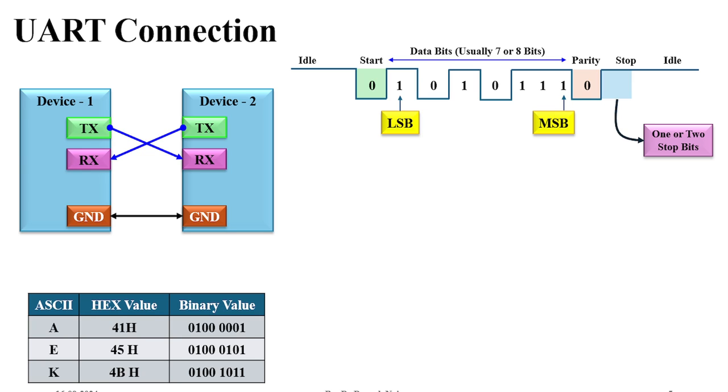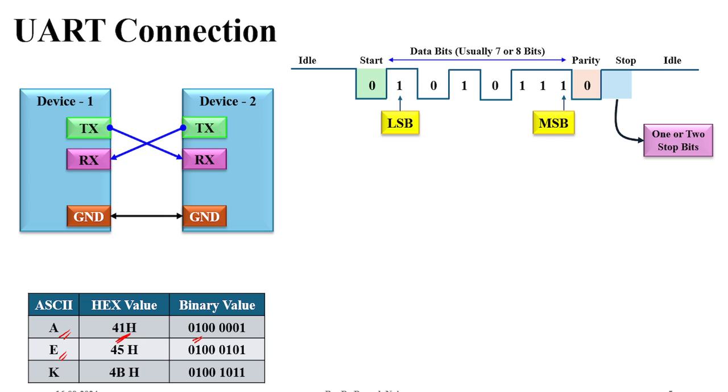Now coming to the ASCII values. In UART, whenever we transfer any message, generally we transfer those messages in ASCII characters. For example, if you want to transmit A from one device to another device, then the equivalent value of A is 41 in hexadecimal, and in binary it is represented by 01000001.